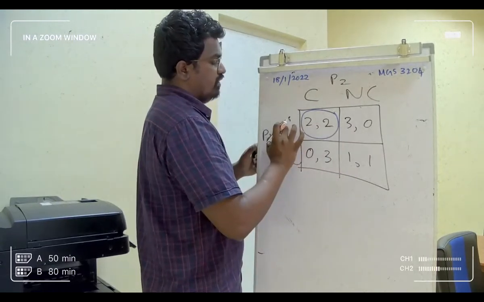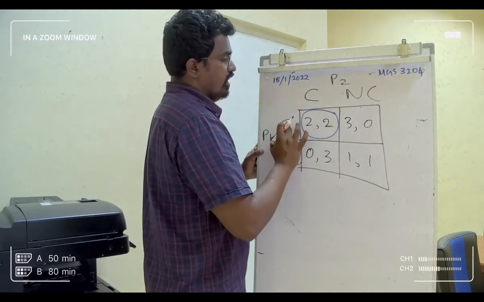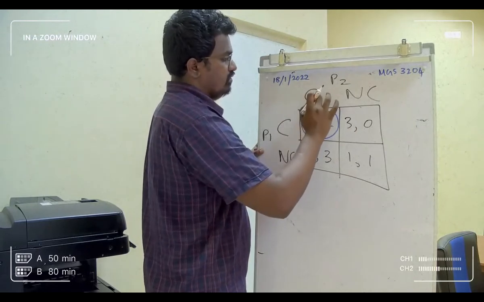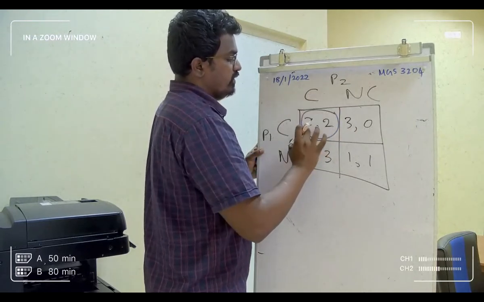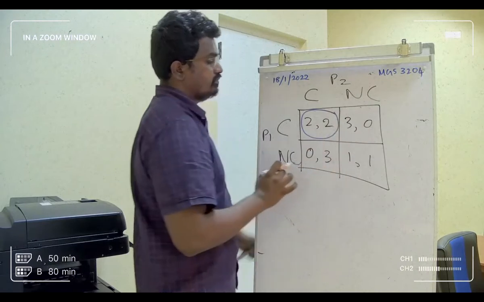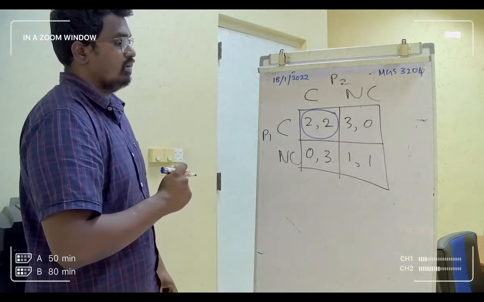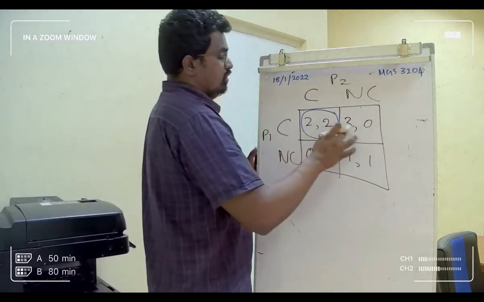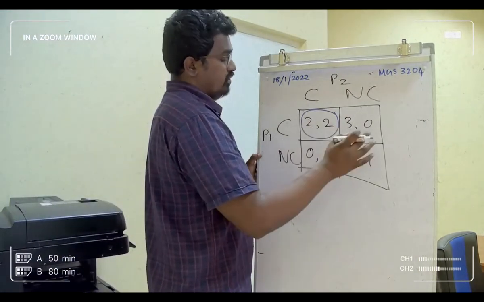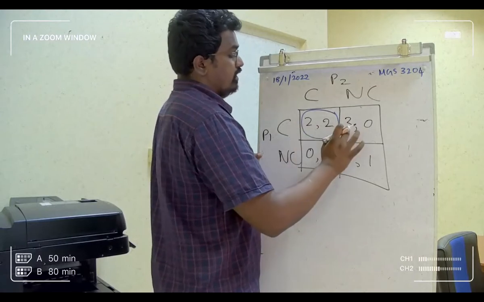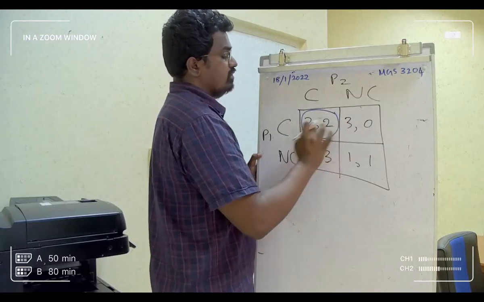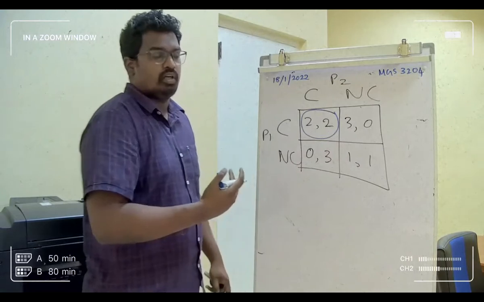If player 1 goes for confess, here it will be 2, and here it will be 3. Anyhow, 2 will be better than 3, or greater than 3 in terms of the game outcome.